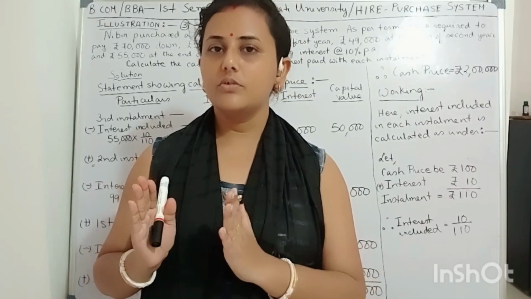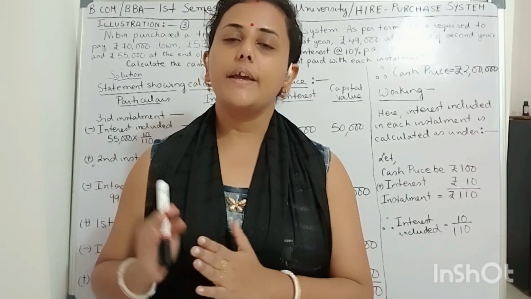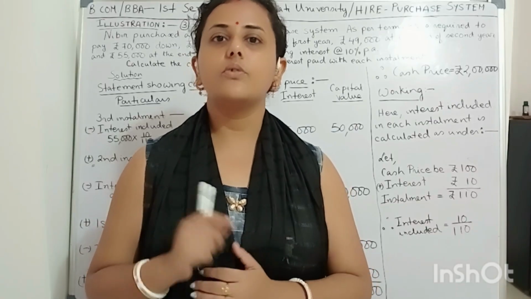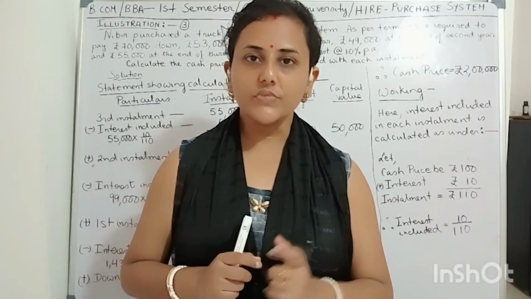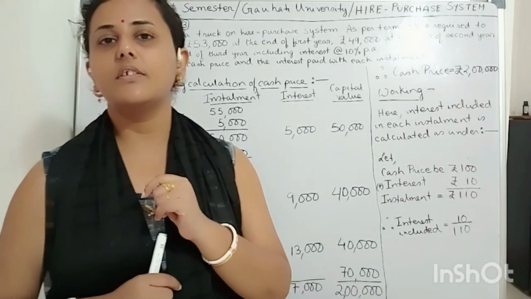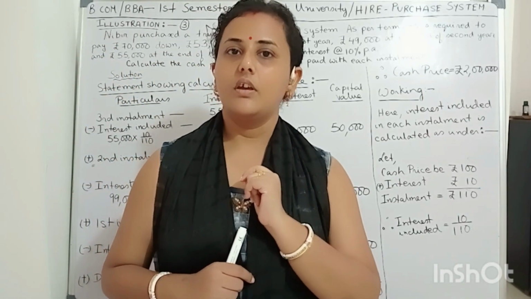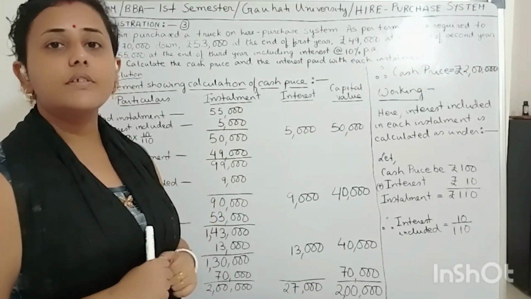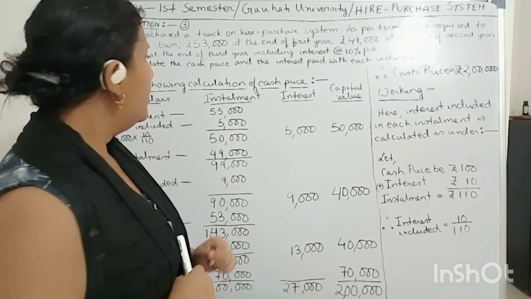You have to do that by applying the back calculation method. In the last class, where the rate of interest was given, we calculated the amount of interest to be charged in each year.